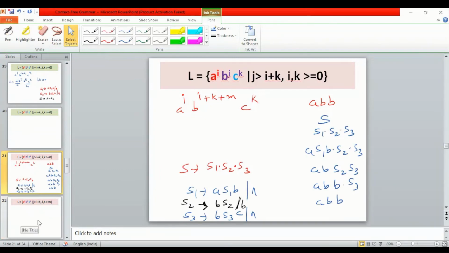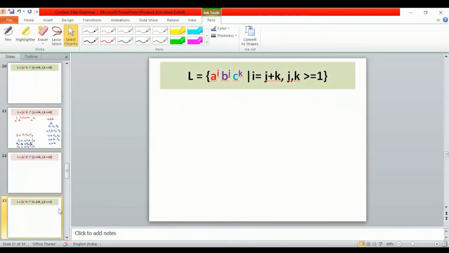Okay, now if it is clear, if we have I is equal to J plus K, where J and K are greater than or equal to 1, we need some modification in the previous grammar.